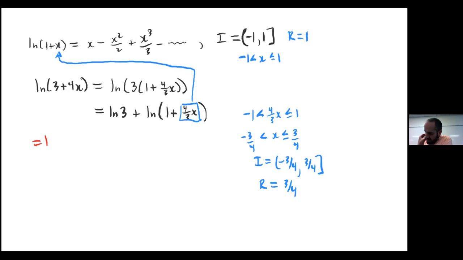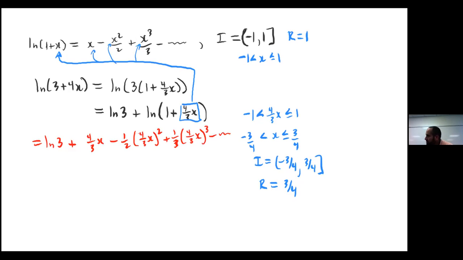Let's write it out. It's logarithm of 3, and then I just straight plug in. This isn't going to be rocket science. All I'm going to do is straight up plug that in for x, in all of these terms. So it's going to be logarithm of 3, that's the constant, plus 4/3 x, minus 1/2 times 4/3 x squared, plus 1/3 times 4/3 x, all cubed, minus et cetera.